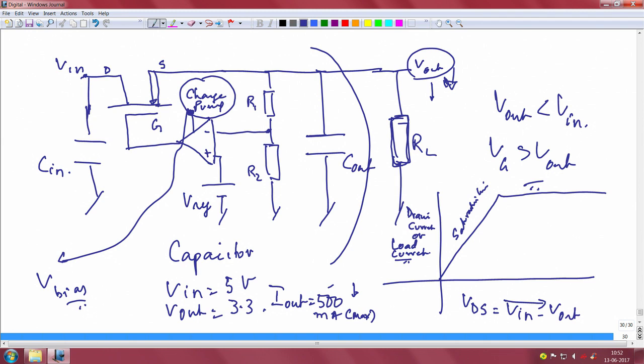Okay, so if you wish to mark that point, let us say this is 0.5, this is 1 volt, this is 1.5 volts, and this is 2 volts. This is the voltage that you want. So, VDS is nothing but V in minus V out, which is nothing but the drop-out voltage.